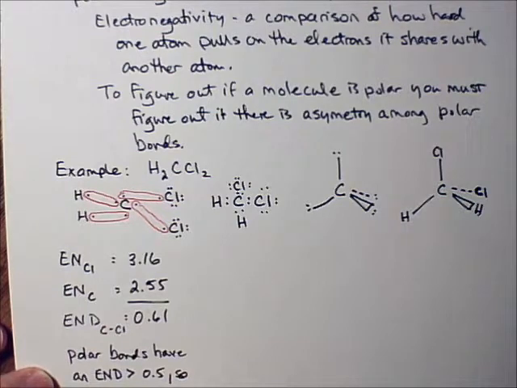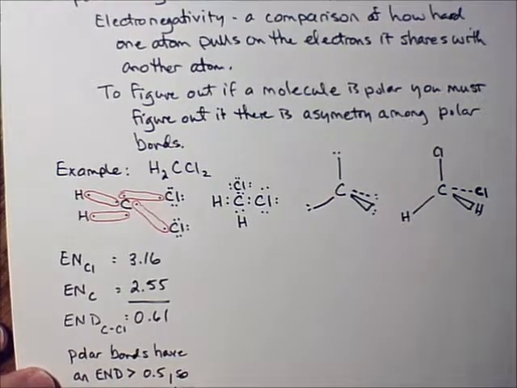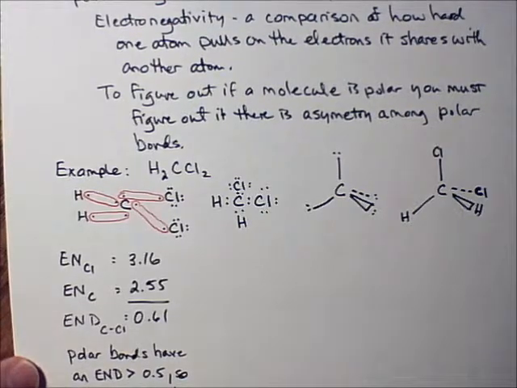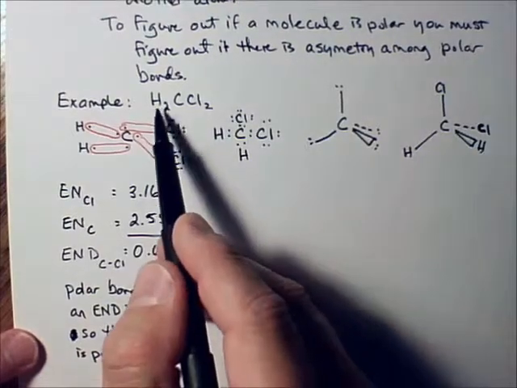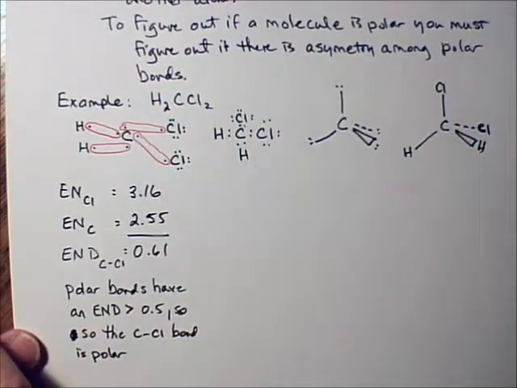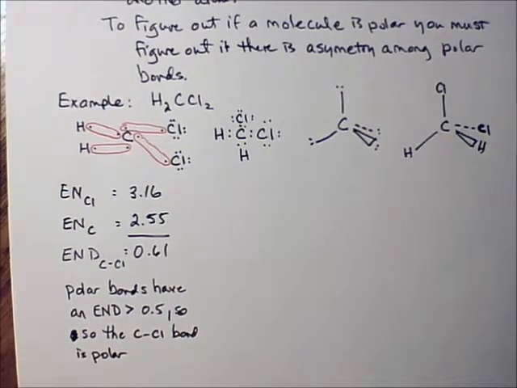So the carbon to chlorine bond is polar. Alright? Now this only works when you're talking about covalent bonds. And this is covalent bonded, we know, because everything is nonmetals. Okay? But combining a metal and a nonmetal, we wouldn't even worry about this.